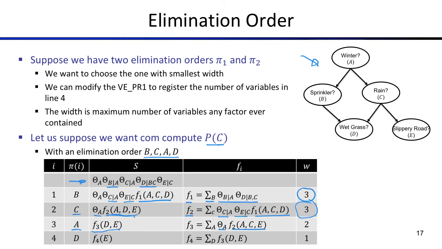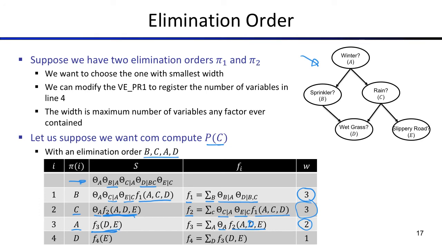We eliminate the variable A. We're going to keep the variables D and E. I just noticed that there is a typo here, it should be D, right? So F2 is defined for variables A, D, and E, not A, C, and E. So again, we multiply these two factors and eliminate the variable A. We're going to have a factor F3 over D and E. And this new factor F3 mentions two variables that we register here.